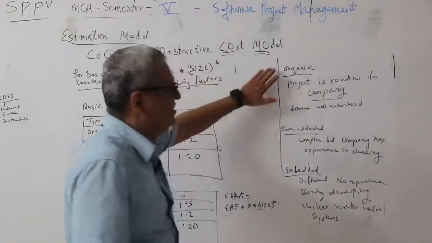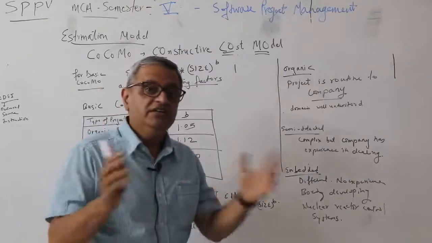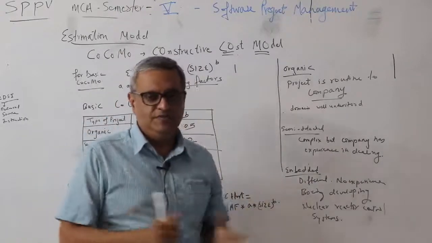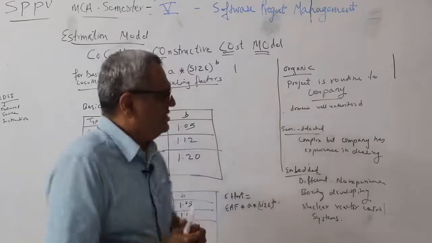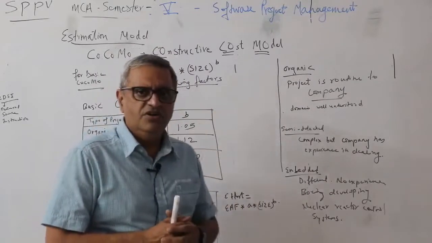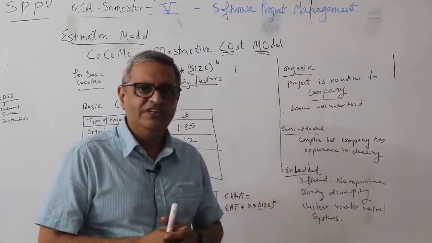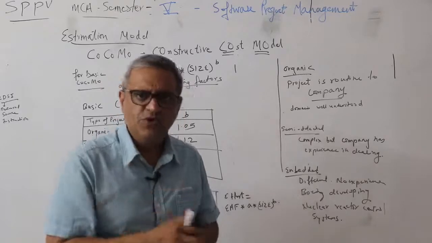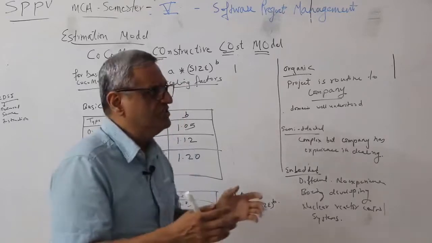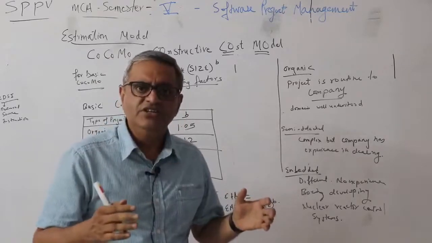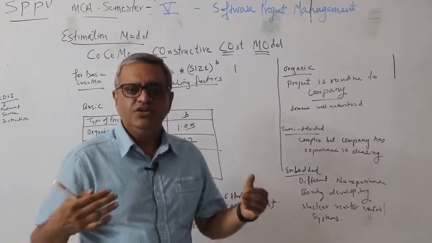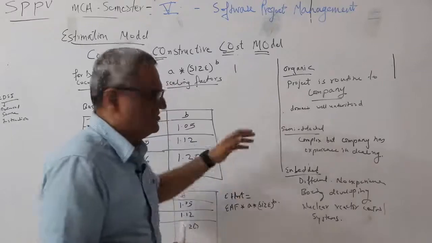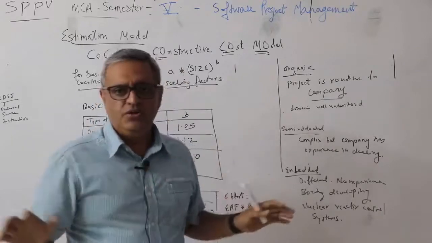So what we really mean by organic type of project, or semi-detached type of project, or embedded type of project. Any project which gets categorized as organic is that project which the organization is used to developing. It's a routine for an organization. The domain is well understood.